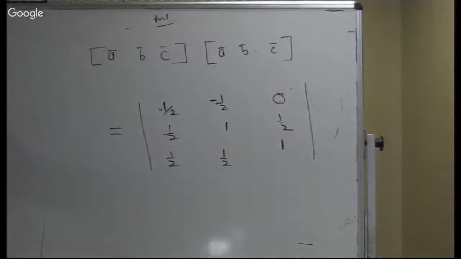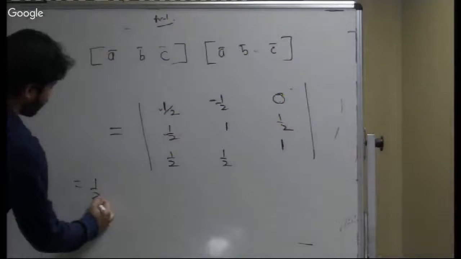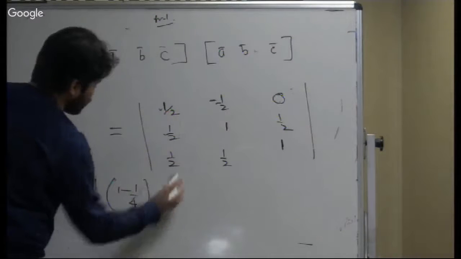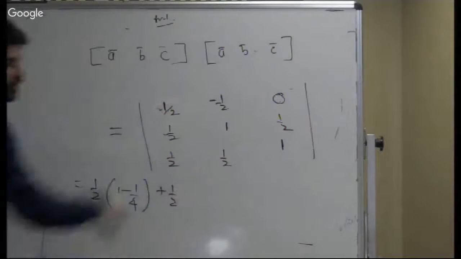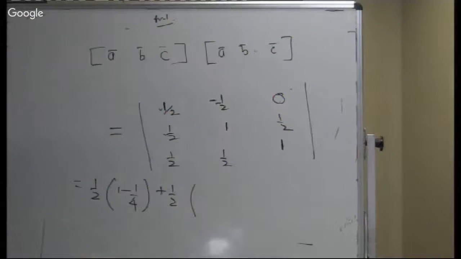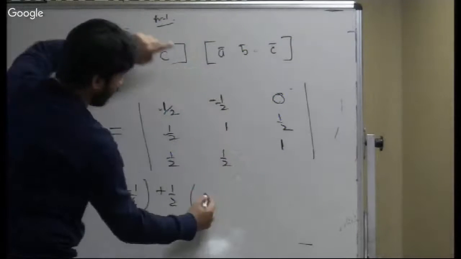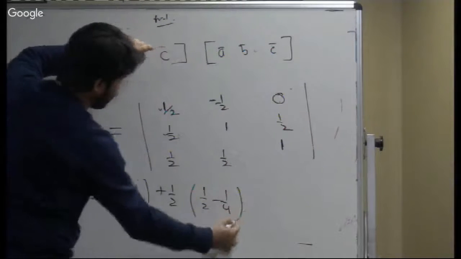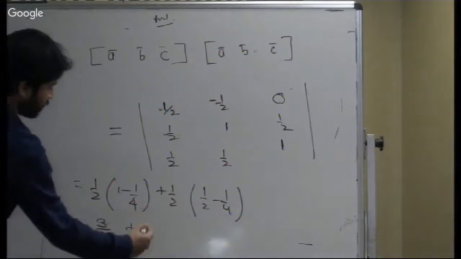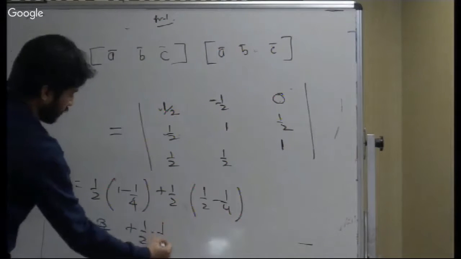Now I can find this. This will be half into 1 minus 1 by 4, plus half, because minus of half is plus half, minus minus became plus, and then half minus 1 by 4. So it will be 3 by 8 plus 1 by 2 into 1 by 4.